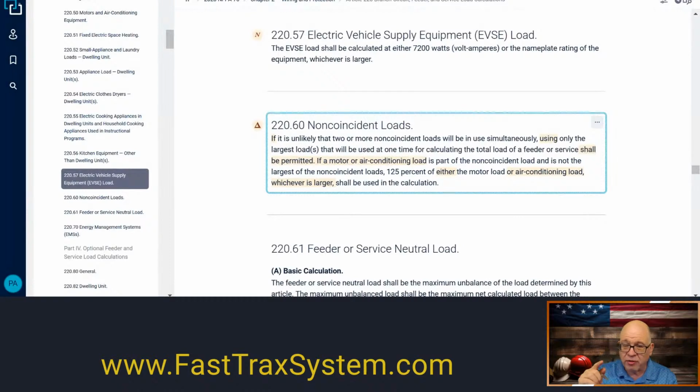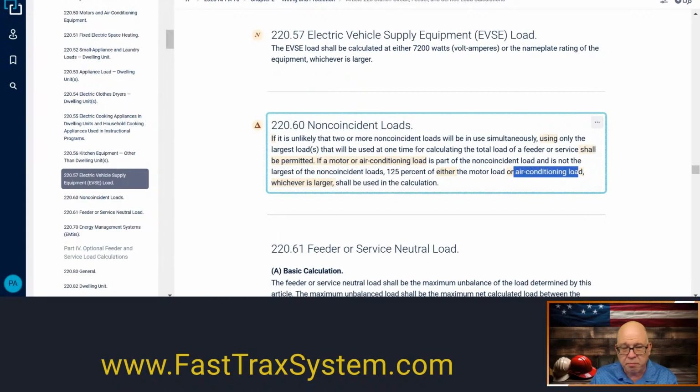It doesn't matter that there are motors or larger motors in 8 units. We only have to apply this to one. And that's the significance of 220.50, to help us understand how this applies, okay? So in doing this, that's all we have to do. And you'll also notice that the language says 125% of the largest motor or air conditioning load.